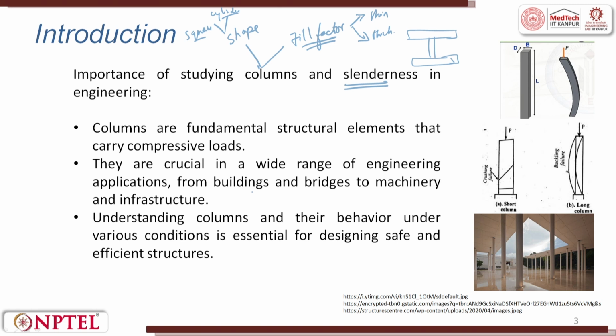Understanding the column and its behavior under various conditions is essential for designing a safe and efficient structure. Sometimes when there is a natural disaster, buckling happens and the column takes some amount of deflection.